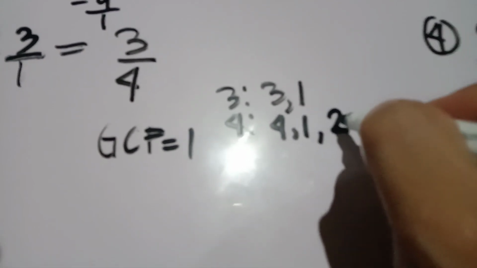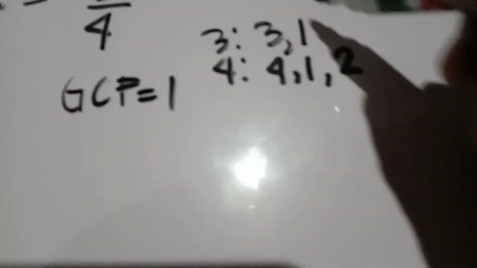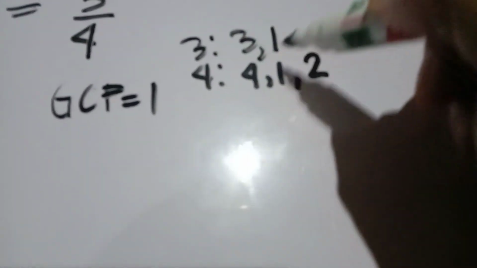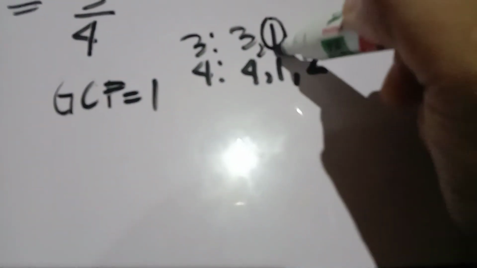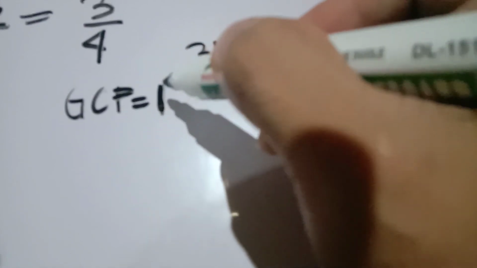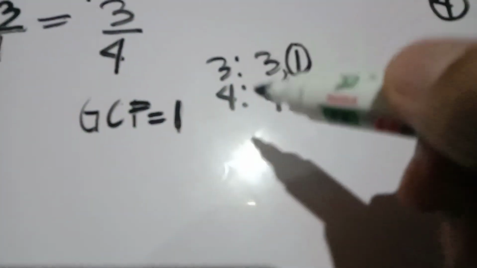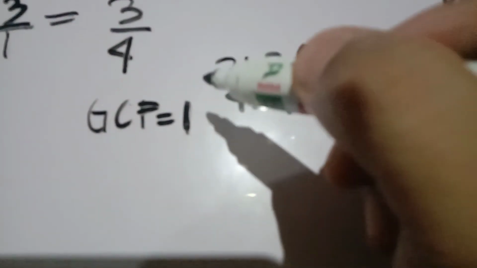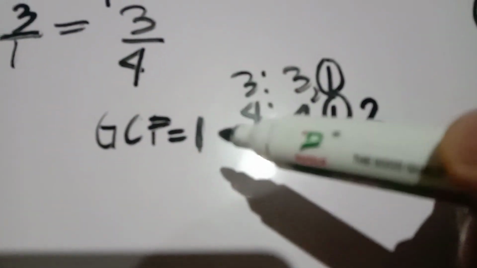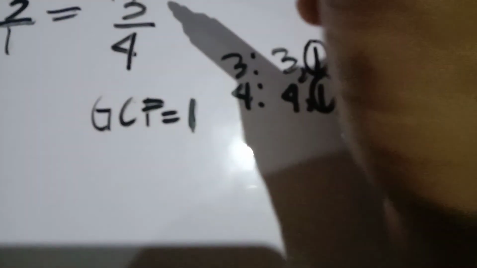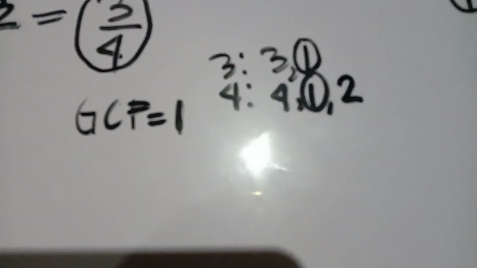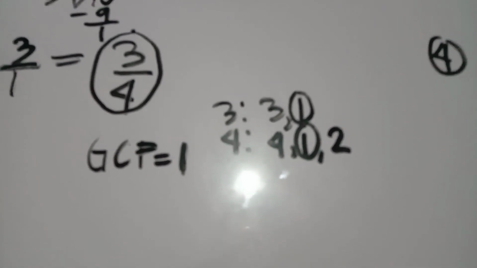Okay, 2 times 2 is equal to 4. So, based on the factors that we have, 1 is the common factor. So, that's why 1 is the GCF. Therefore, sabi ko na dati in my previous video, pag 1 yung GCF, ibig sabihin yan, lowest term na yung sagot natin. Okay, the fraction is in lowest term.